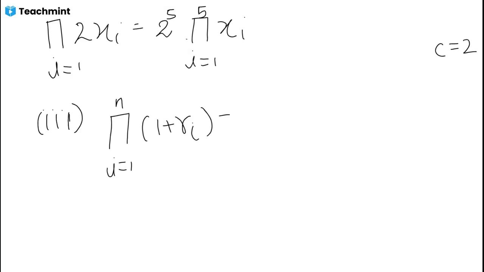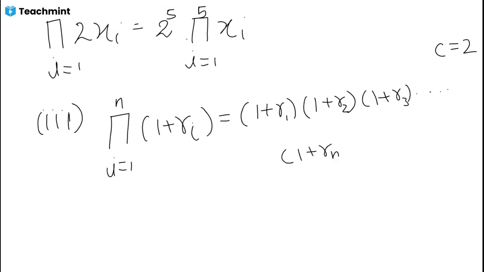What it means is we are multiplying 1 plus r, n times. We are taking r1, r2, that is second term, third term, until 1 plus rn.